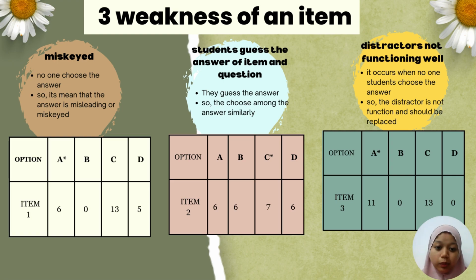It can be seen when the students choose the options of the answer similarly. And last is distractors not functioning well. It occurs when no student chooses the answer of B, or B and D. So the distractor does not function and should be replaced.